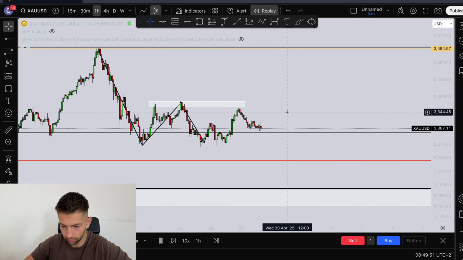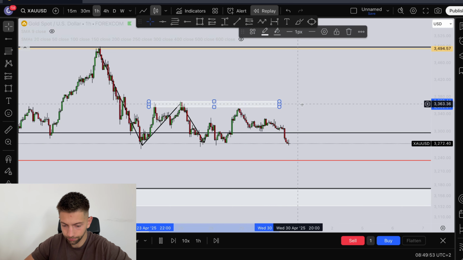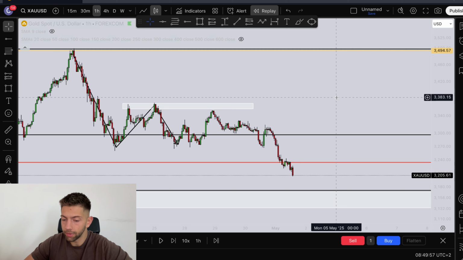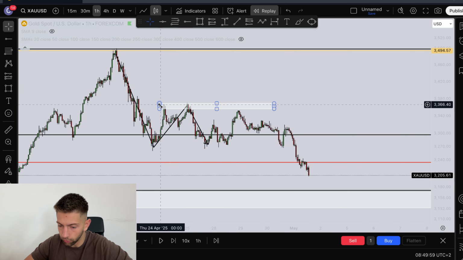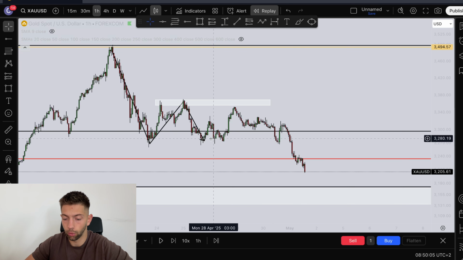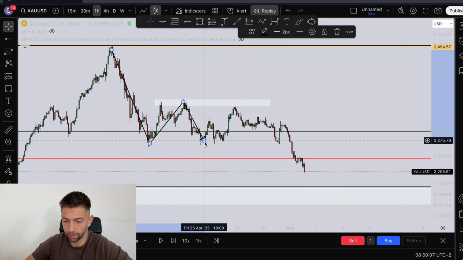So if I'm going to play it, price didn't break it yet, and this is recent price action, by the way. Look at this. If you would hop into a buy somewhere right here, you would get stopped out. You need to always wait for that lower time frame structure shift again.